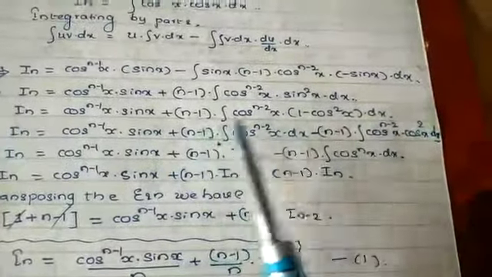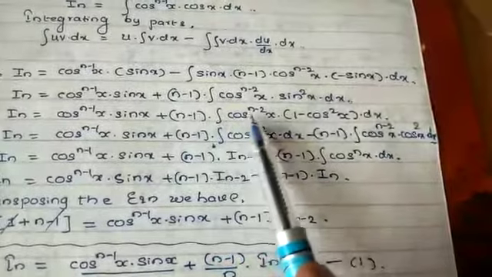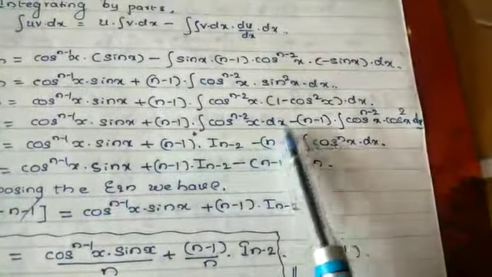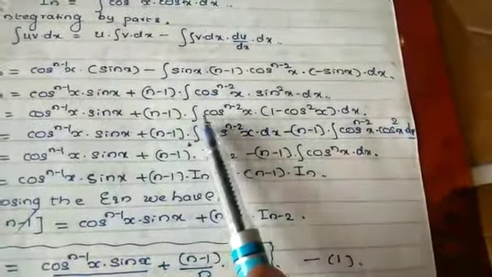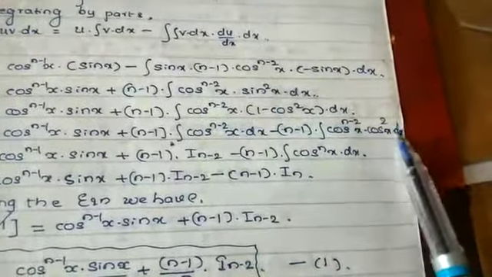In the next step, split up this bracket: that is n minus 1 into cos raised to n minus 2 into 1 with respect to x, and next minus, so it is minus n minus 1 into integration of cos raised to n minus 2 x into cos square x with respect to x.